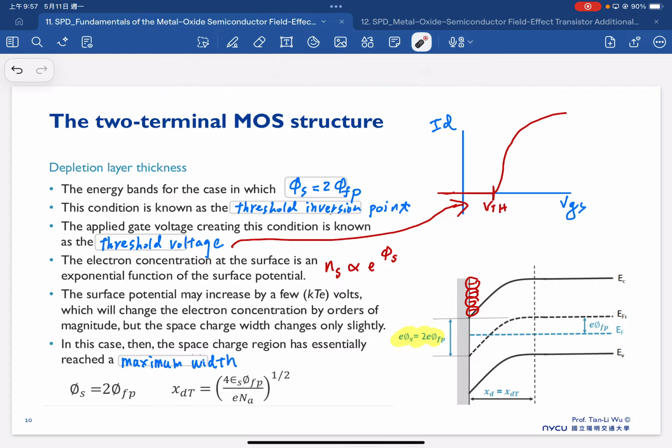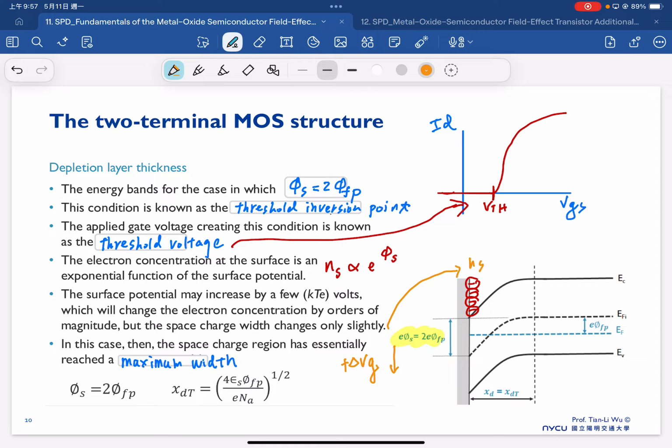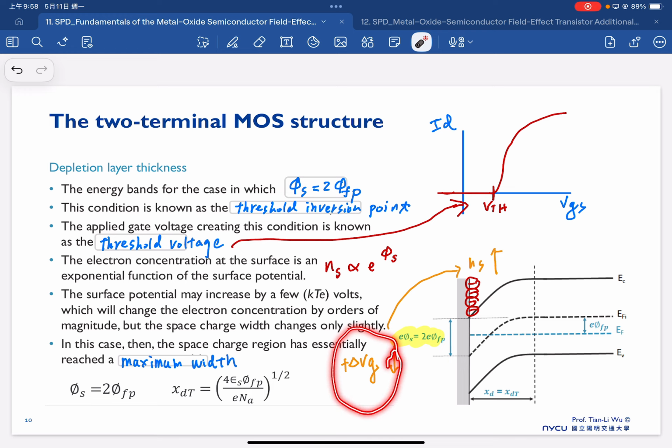So again, let me illustrate once more. Once we reach this condition, any additional gate bias here will only cause NS to increase exponentially. Considering the charge balance, you apply the positive bias here and most of the charge will be reflected in this region.